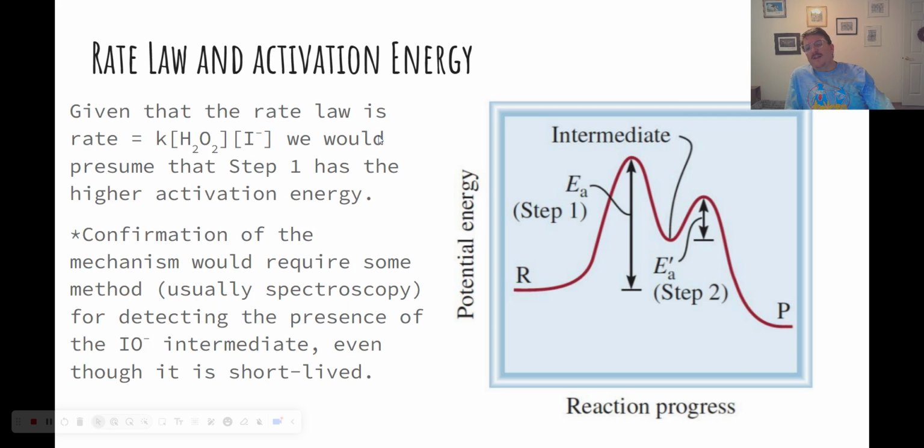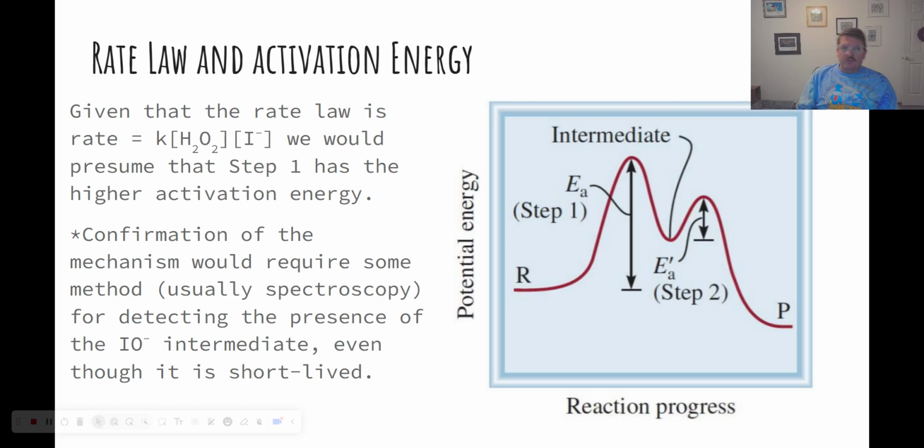Now it says, given that the rate law was k times peroxide times I⁻, step one is going to have the higher activation energy. Step one is going to be the slow step, the rate determining step, because that step one gave us that as our rate law. To actually confirm if that proposed mechanism is valid or not, we usually have to use some other method, usually spectroscopy.